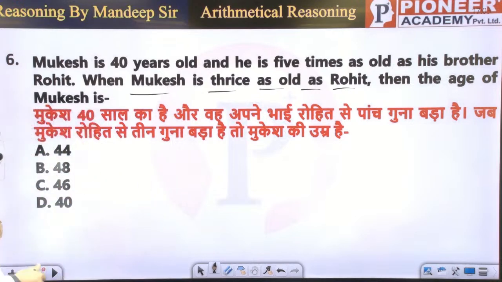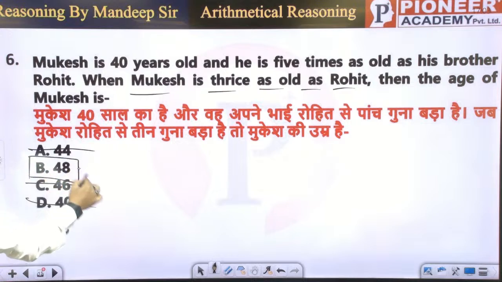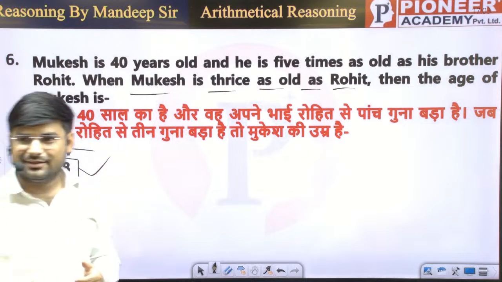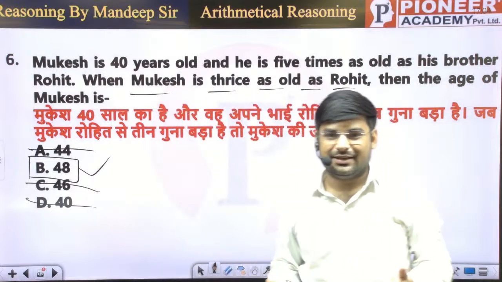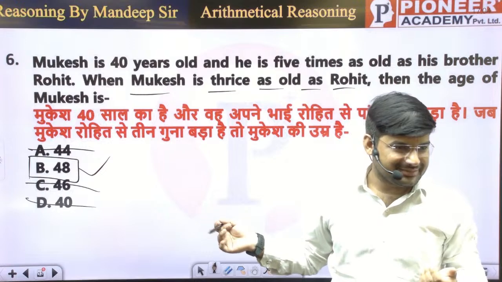And you see all the options. 44 is not a multiple of 3. 46 is not a multiple of 3. 40 is not a multiple of 3. Only 48 is a multiple of 3. So 48 is the correct answer. No need to solve this question. It was asked in the SSC examination.